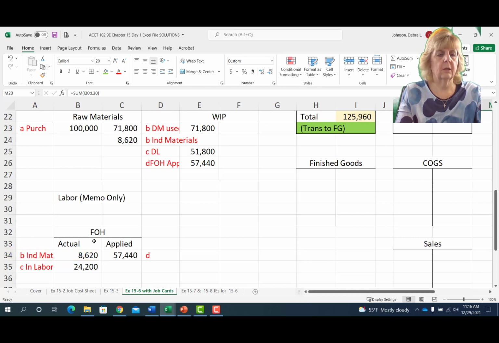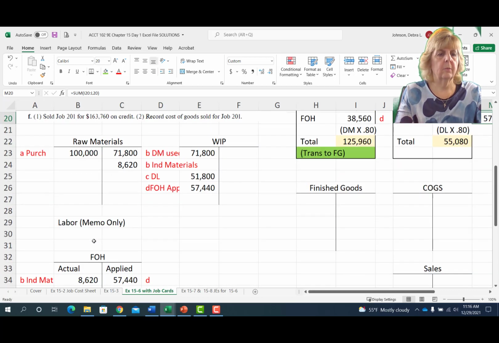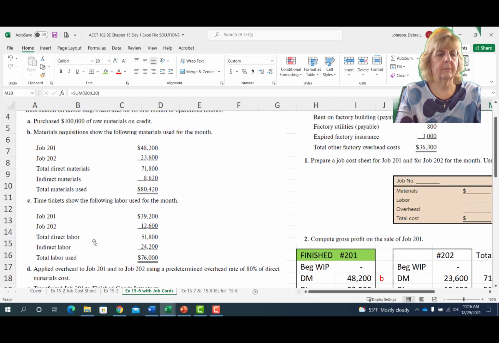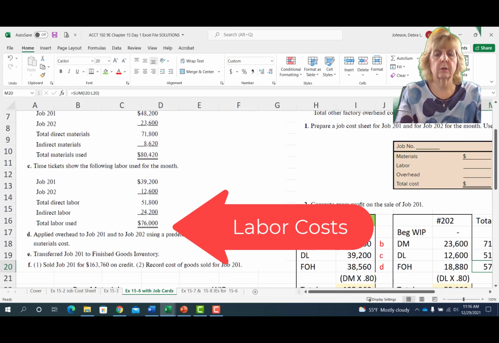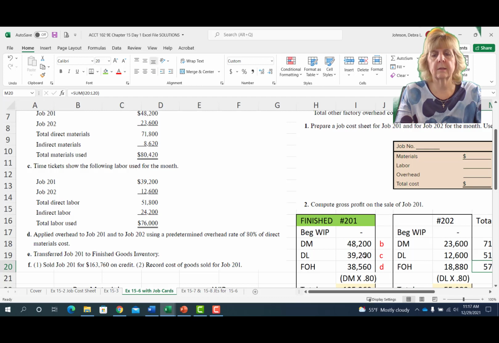Okay, let's go take a look then at our labor costs in letter C. Letter C dealt with time charged directly to jobs through the source document time tickets. So update your 2 job cards for the direct labor costs of 39,200 and 12,600.